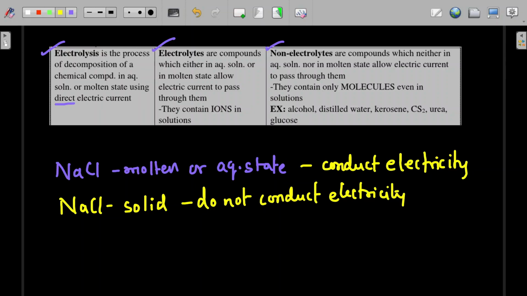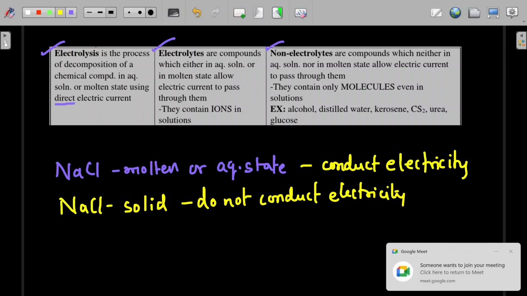Anyway, the solid compounds will not contain free electrons or free ions. Therefore, we take them in the molten state or aqueous state where they will have free ions and they will conduct the electricity. Whereas the metallic conductors will have free electrons.